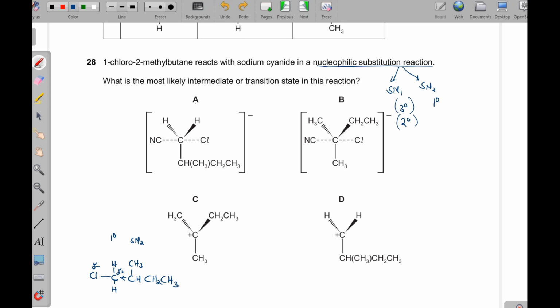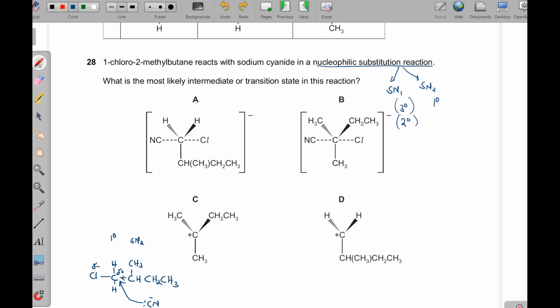Now this is the cyanide. This nucleophile will have to bring in electrons. If it brings in the electrons, then this bond can be broken. You see that? Then this one goes off, and then we write the product.